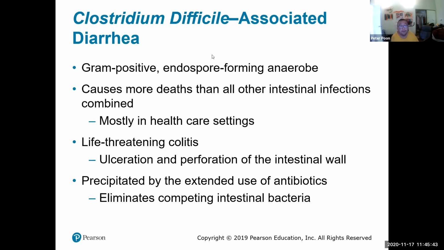For surgery, they have to give you antibiotics to prevent infections. Antibiotics kill competing intestinal bacteria, so C. diff has no competition, so there's no microbial antagonism. They eliminate the intestinal bacteria, and that allows C. diff to grow.